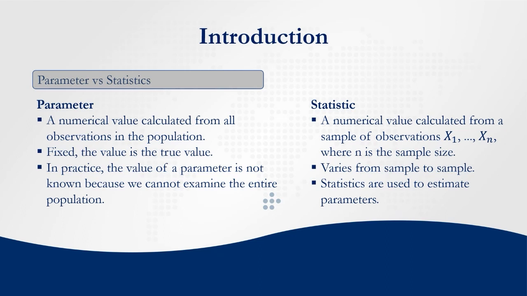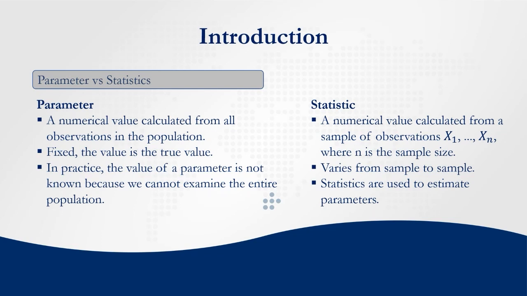It's a fixed value, and it's true. But because the population is big, in most cases we don't get the opportunity to examine the entire population, so we don't really have that measure. The measure is there because that thing is occurring, but we haven't been able to measure the population value, because we haven't had access to, or haven't been able to measure, all the units within that population.